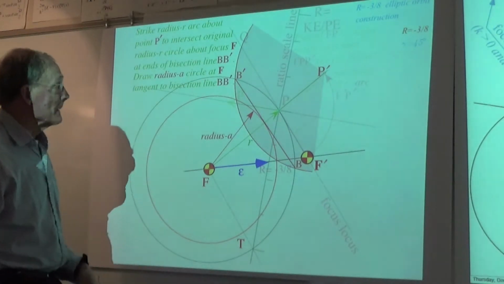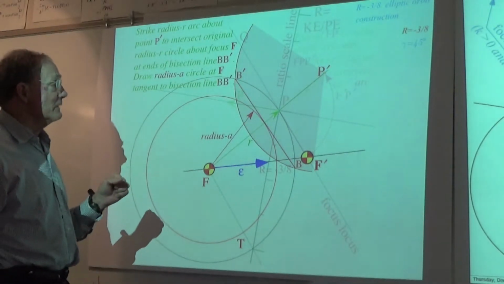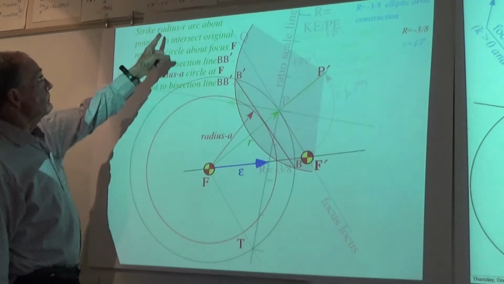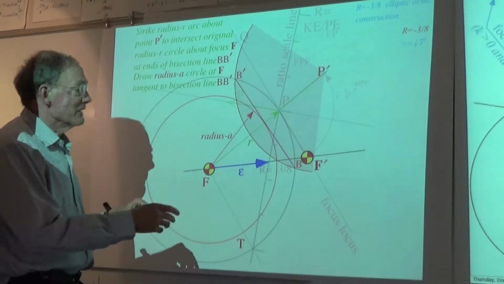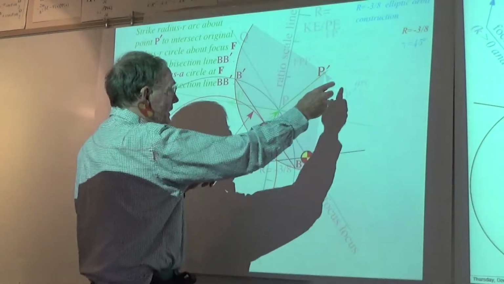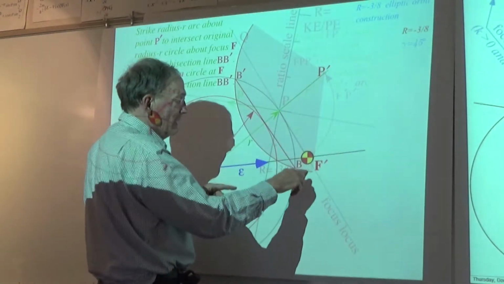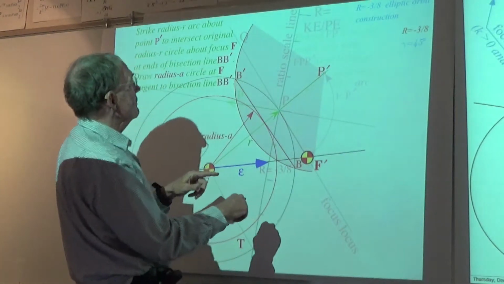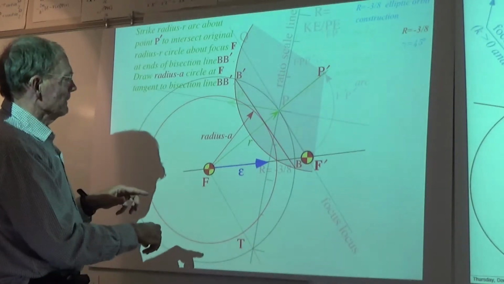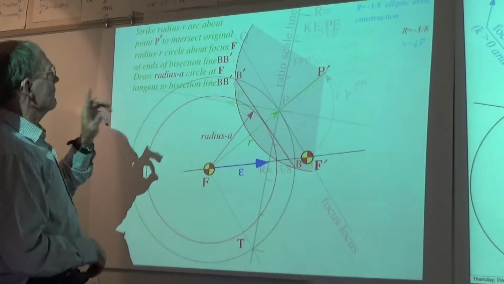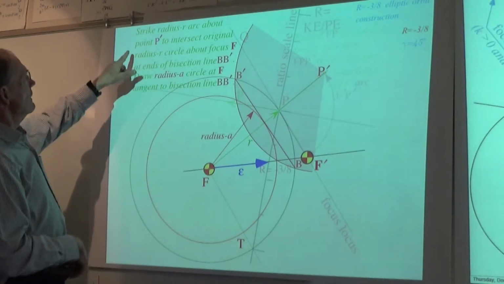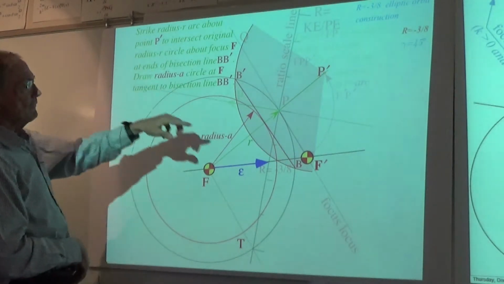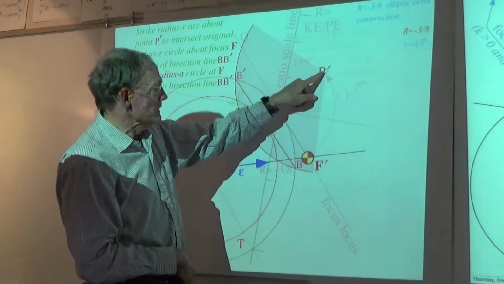exactly what we're doing. Here's the way I do it. I strike a radius R arc. That's this guy here. Let's see if I can remember what it was. The radius R is, let's see if I got the point P prime. We found this point right here.